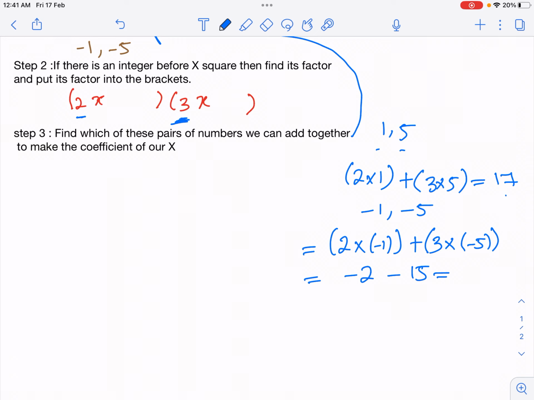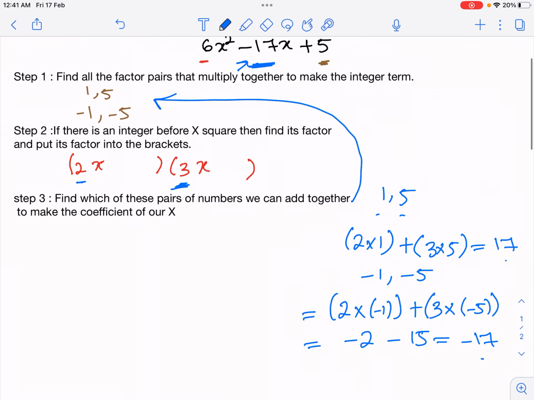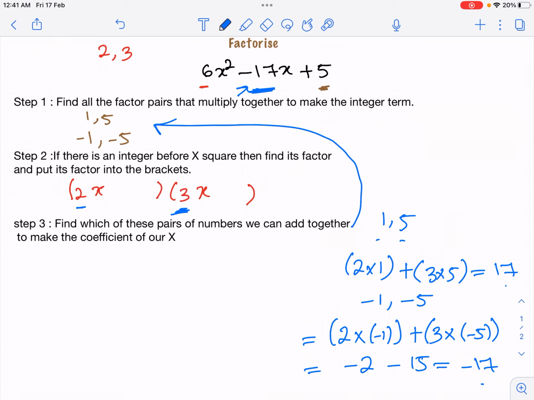So we get negative 17. This is the coefficient of x that we need. Here we said we need minus 17, so this is the correct pair.